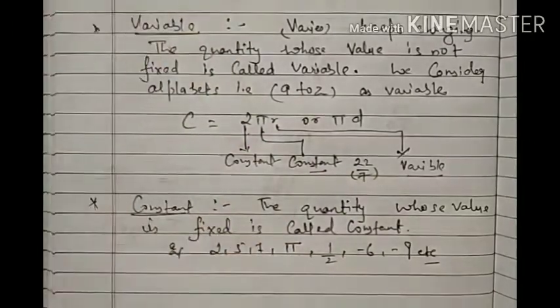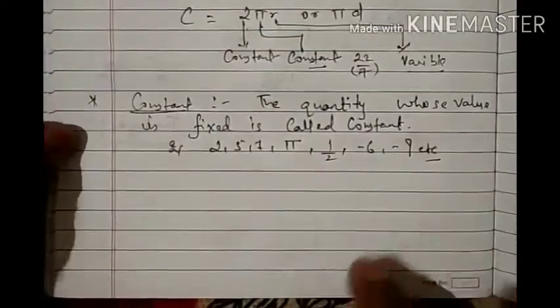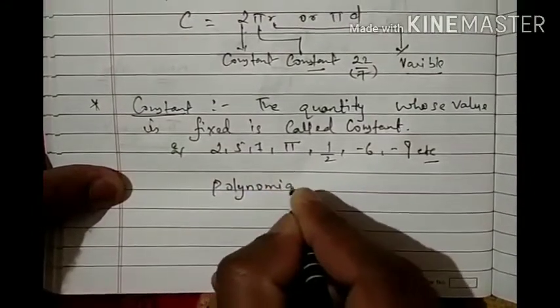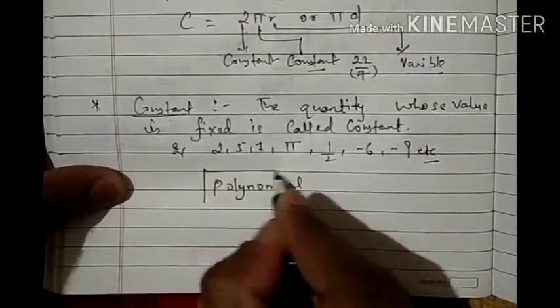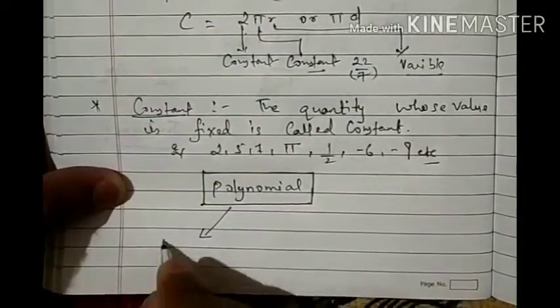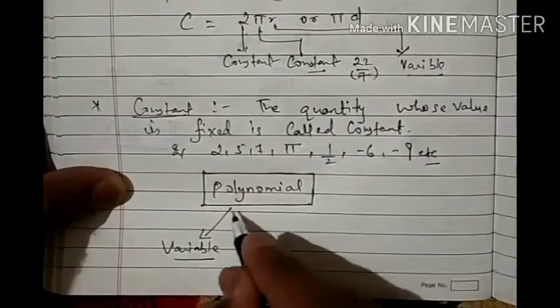This was algebraic expression, and we have studied about algebraic expression in previous classes. What we are going to discuss here is polynomial. So three things which is most important for polynomial: the first thing is variable, which we studied just now.